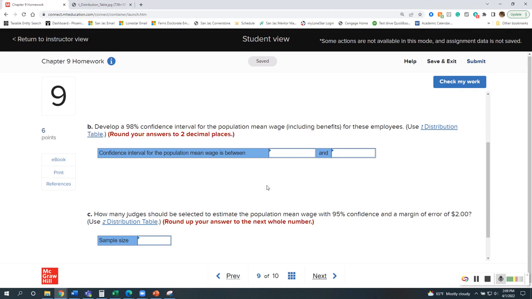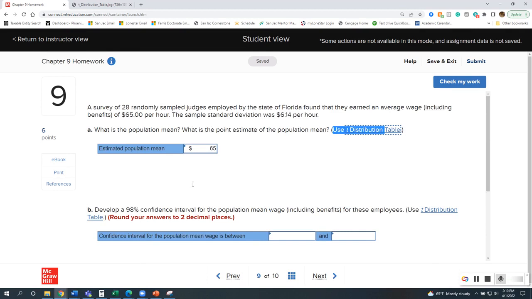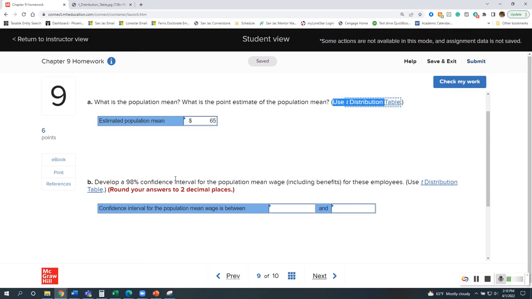Alright, develop a 98% confidence interval for the population mean wage, including benefits for these employees, using our t-distribution. Alright. So with this, again, we need to go ahead and find our t. So go back to our charts.